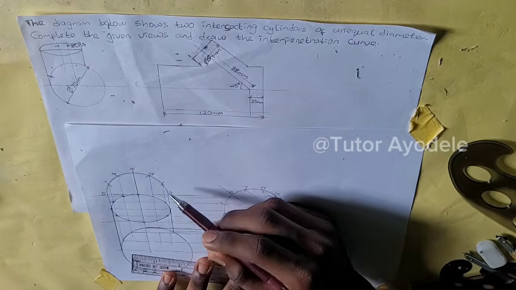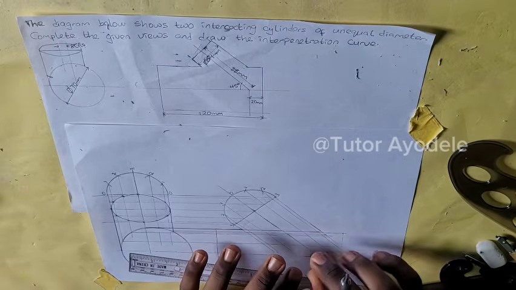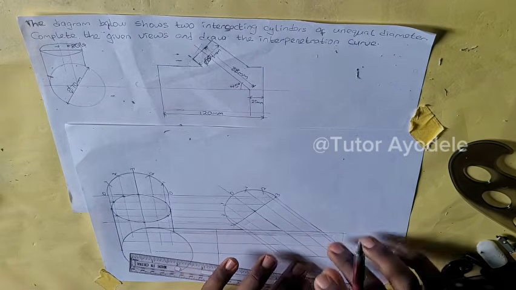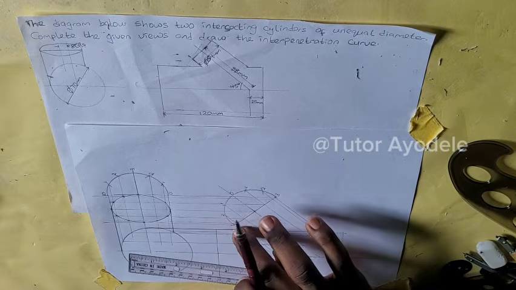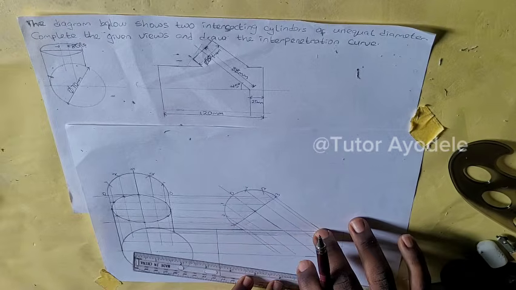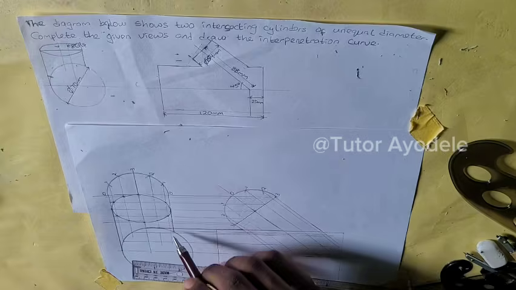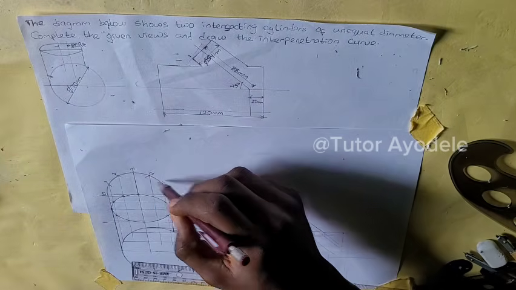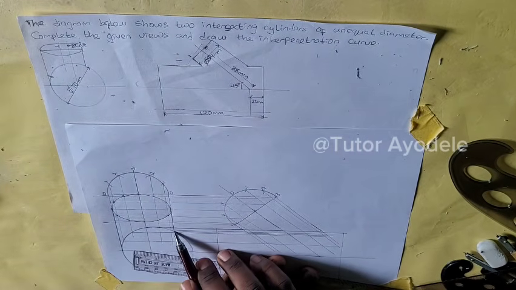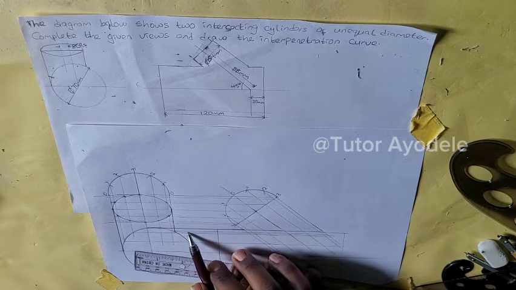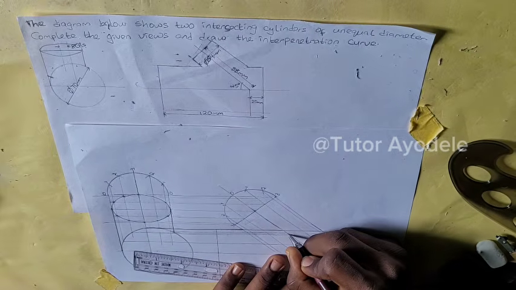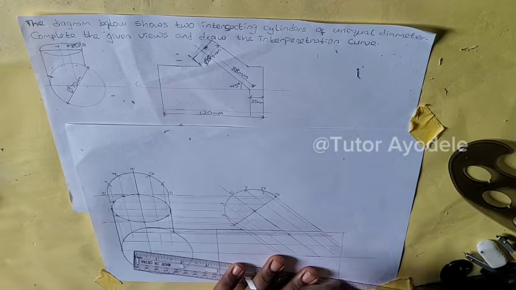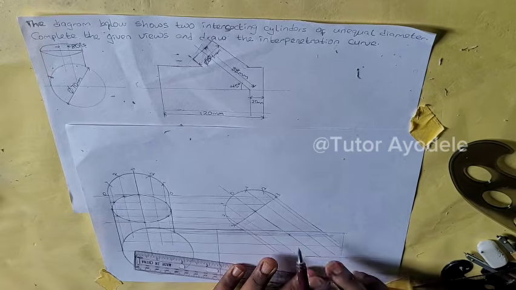So let's start from 0. There are two interpenetration curves. One that will look somehow like this, and then one that will look somehow like this. So let us start with the first one. That'll be from 3 to 0. At point 0, I'll trace the line, and when it meets 0, I'm going to mark it here.